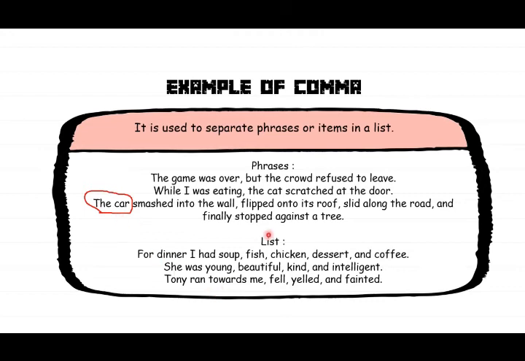Okay, dalam list senarai. Okay, for dinner I had soup, fish, chicken, dessert and coffee. Okay, kalau senaraikan contoh kan, untuk makan malam saya makan sup, ikan, ayam, cuci mulut dan juga kopi. Dia ada senarai.